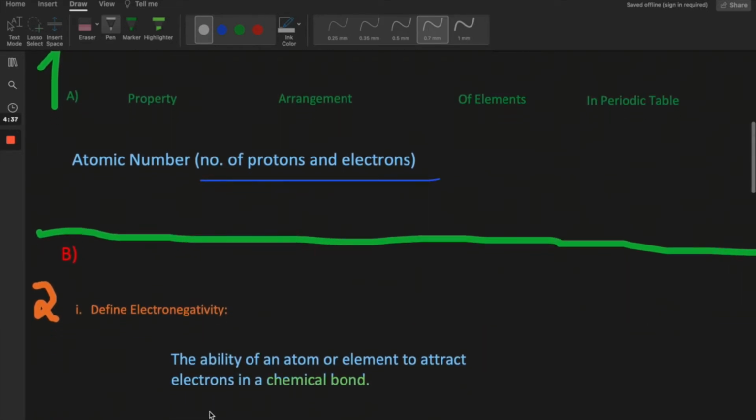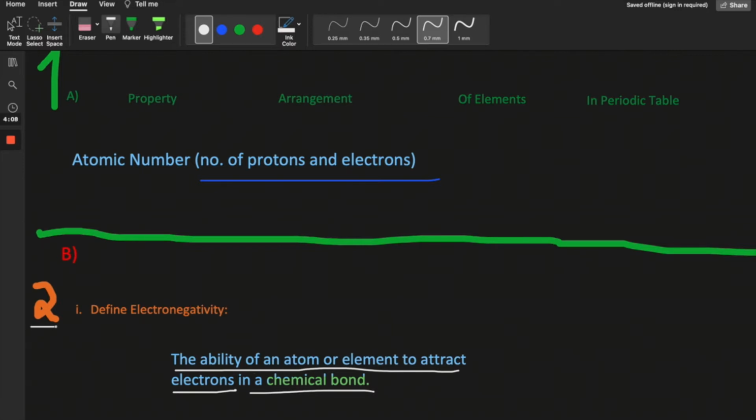Electronegativity is the ability of an atom or element to attract electrons in a chemical bond. First of all, you get a point for writing all of this and writing electrons with an S. It needs to be plural. If you write one electron, or if you just write electron, you won't get the point. And writing in a chemical bond or in a covalent bond will give you the second point.